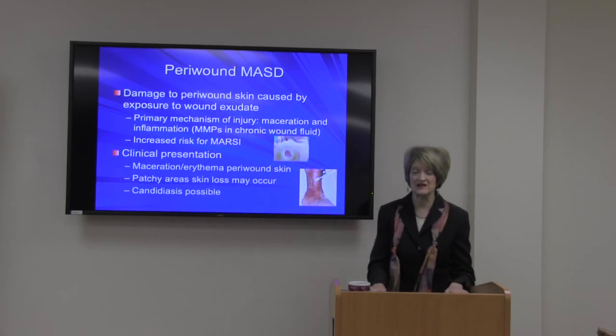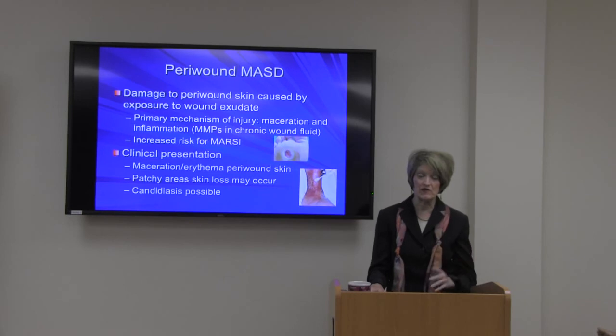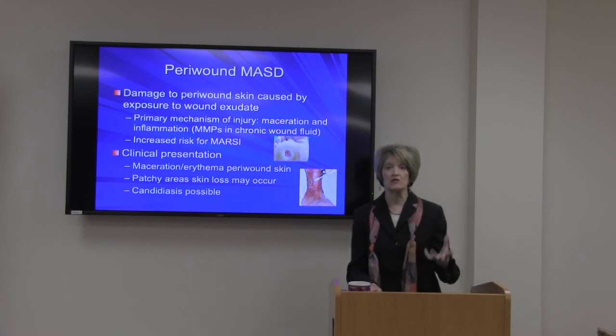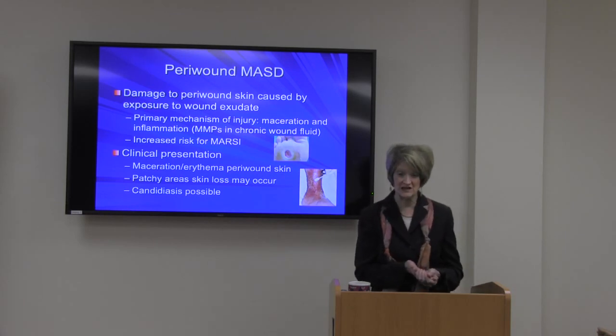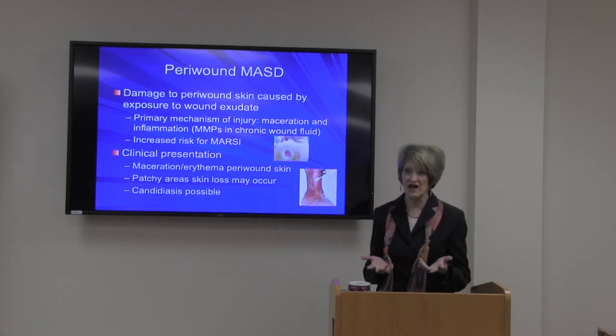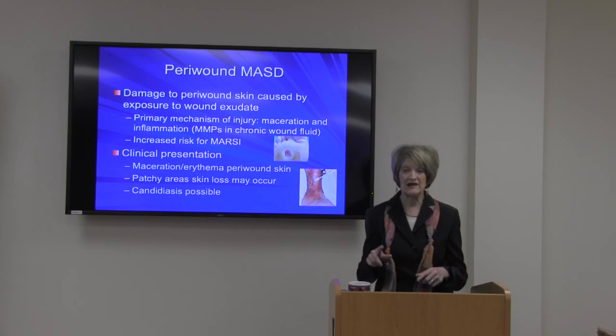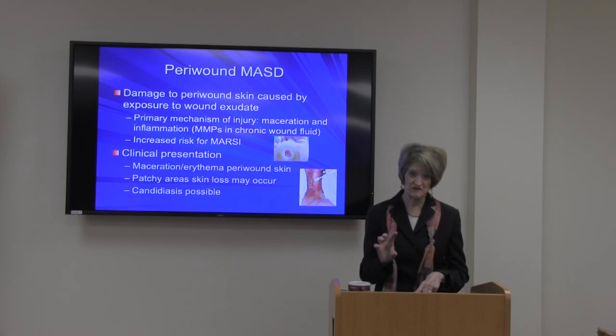Just a couple more things and then we're going to take a break before we go on to pressure. So peri-wound, moisture-associated skin damage. Not surprising that peri-wound tissue is at risk for moisture-associated skin damage because most of our wounds are highly exudative. And if you expose the intact skin to wound exudate, you're going to get maceration.